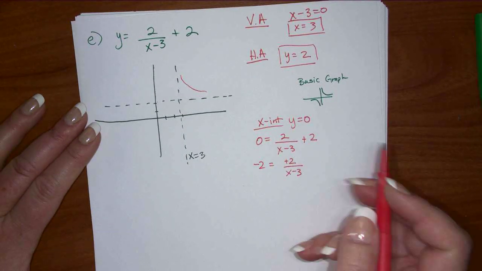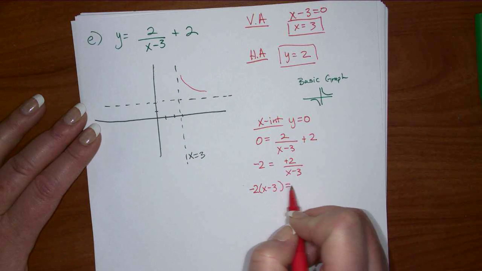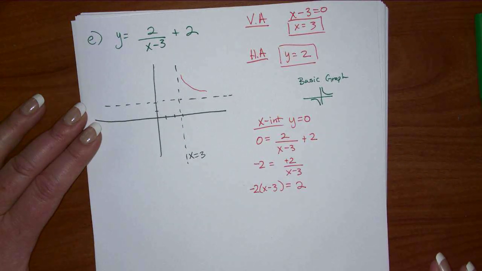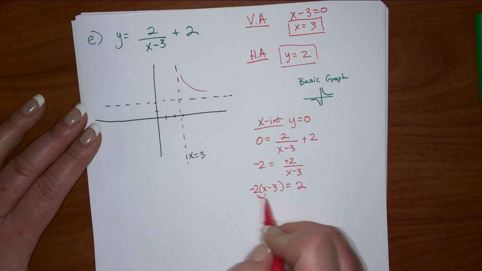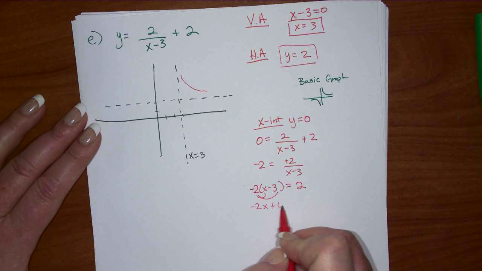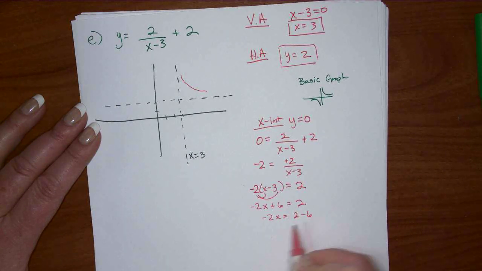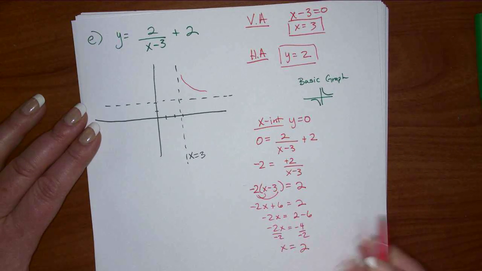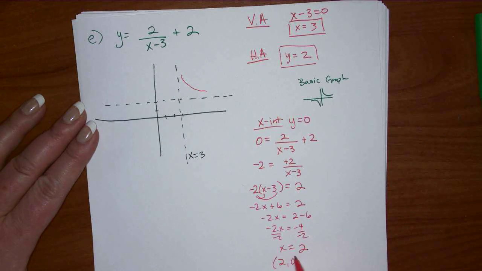It's not supposed to be. Okay. Now what? FOIL that out. Minus 2x plus 6. Okay, so 2, 0.